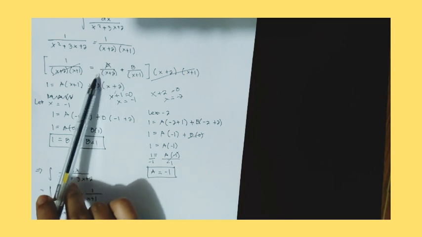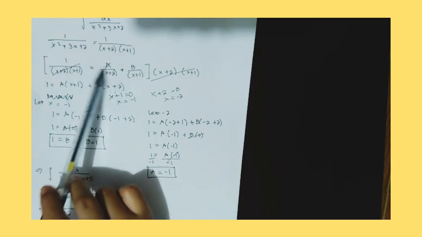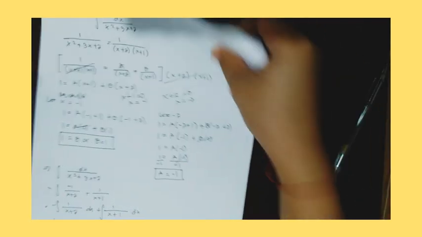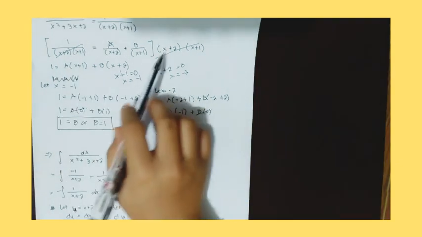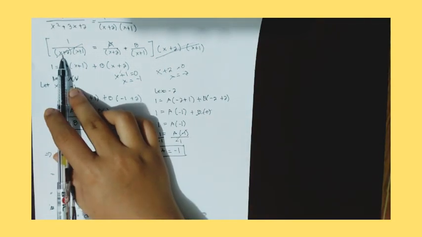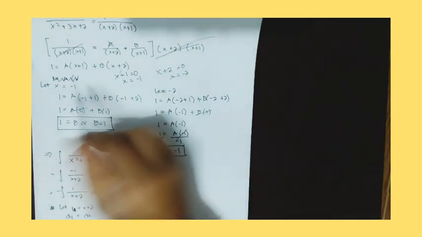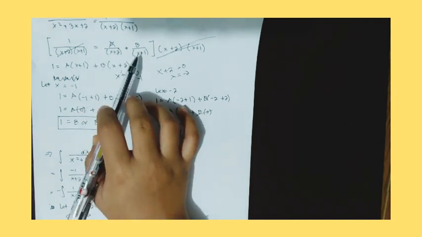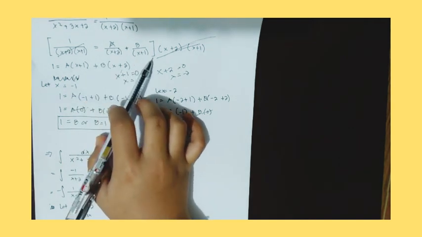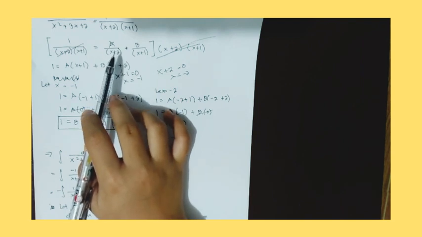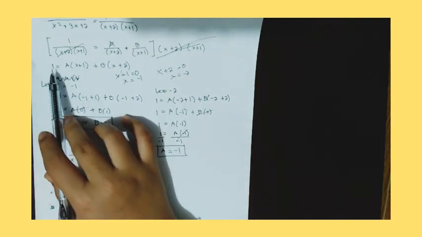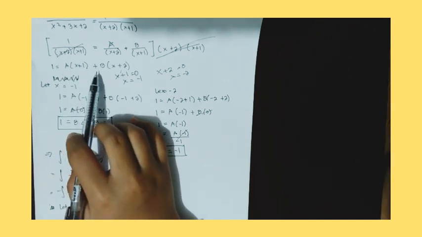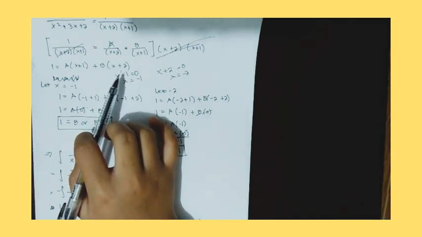Then we find the values of A and B. We multiply by the denominator, so that the terms cancel. Then 1 is equal to A times x plus 1, and we cross multiply A and x plus 1, then B and x plus 2. The result is 1 is equal to A times x plus 1 plus B times x plus 2.